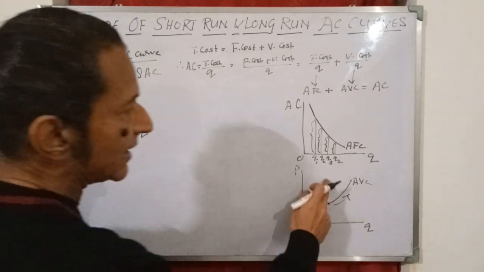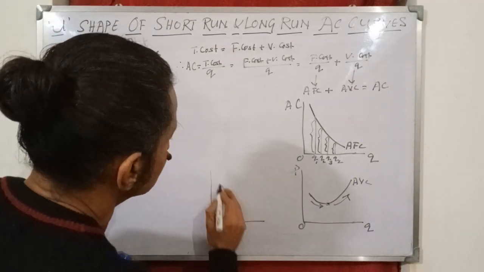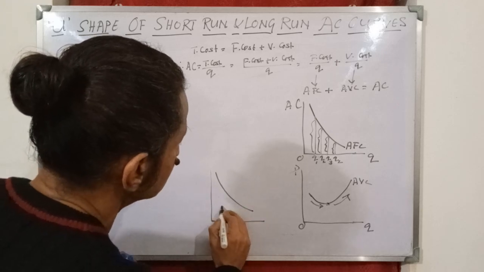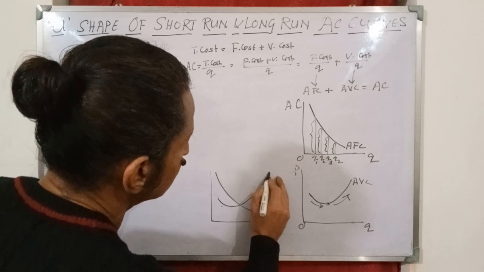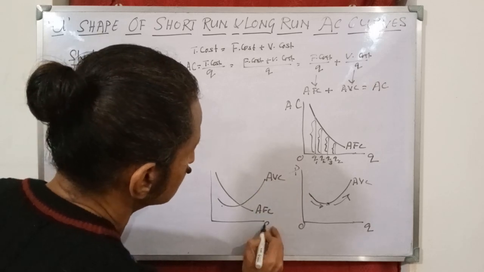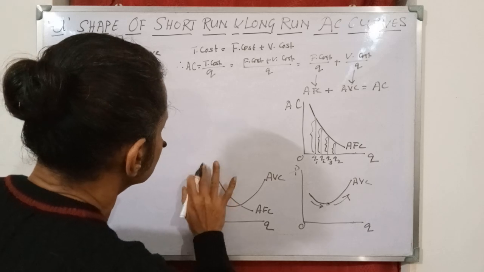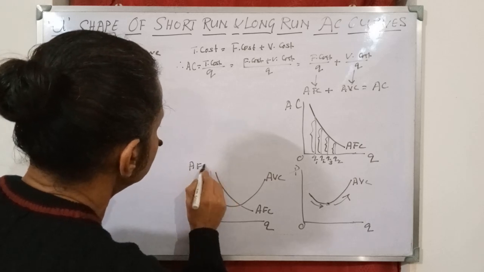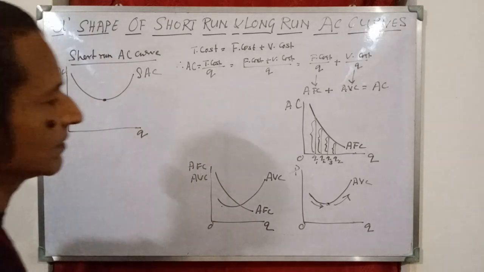And when we add up these two, we get this. This is AFC, this is AVC, this is Q, and AFC and AVC are on the y-axis.